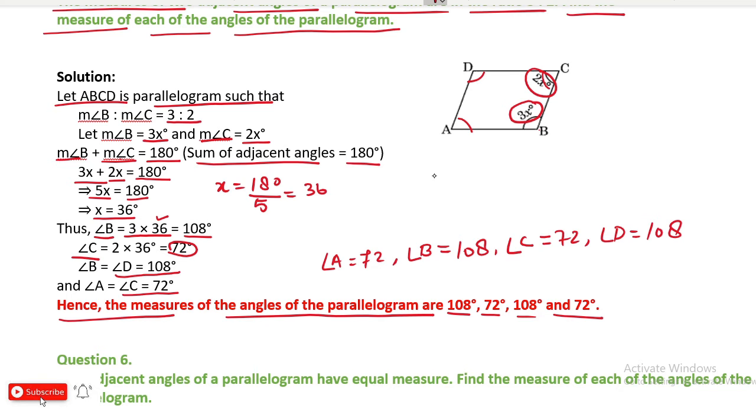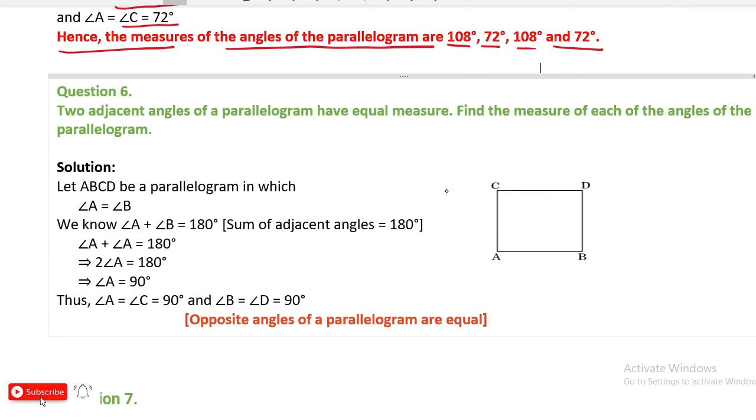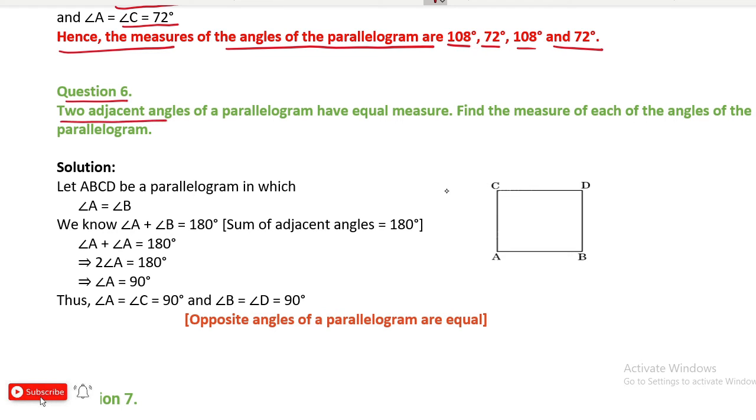Now the next question, question number 6. Question number 6 says two adjacent angles of a parallelogram have equal measure.